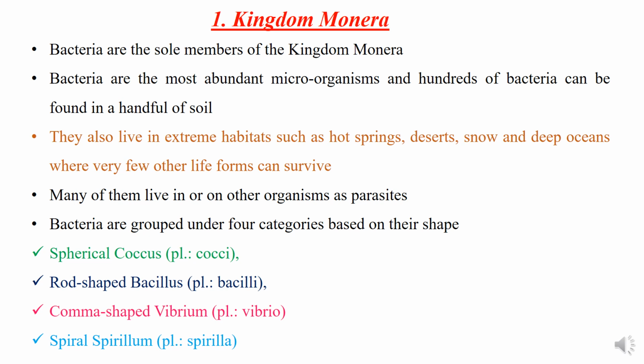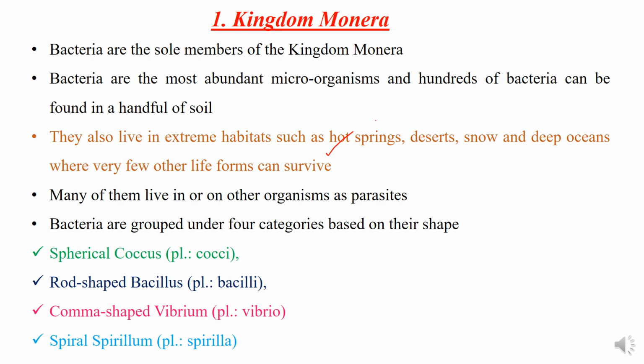Even one handful of soil contains hundreds of bacteria. One special character is that they can live in extreme habitats like hot springs, deserts, snow and deep oceans, where not all life forms can survive.